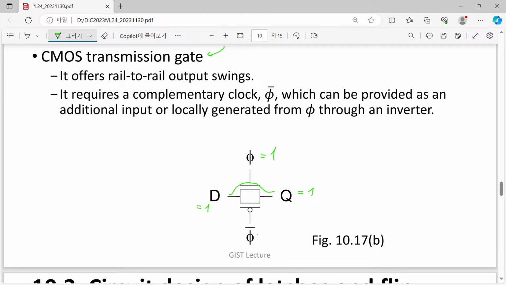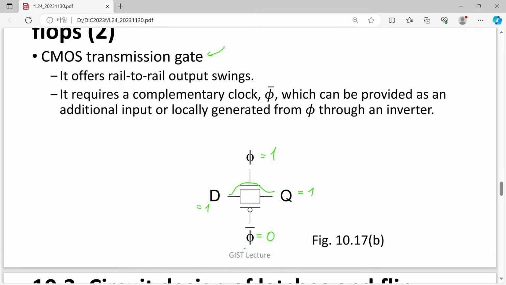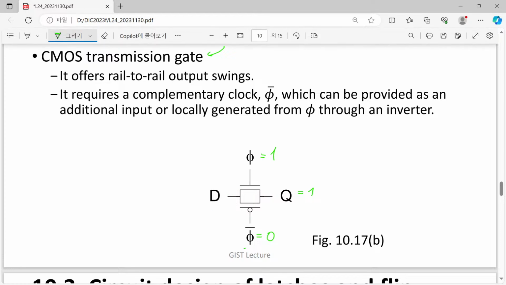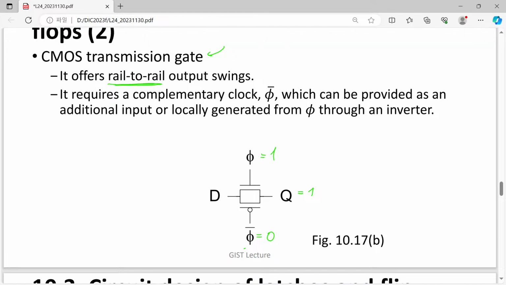But fortunately, since we now have this P MOSFET fully turned on, we can drive our Q value up to VDD without any problem. So by using a CMOS transmission gate, we can achieve this rail-to-rail output swing. It's good.